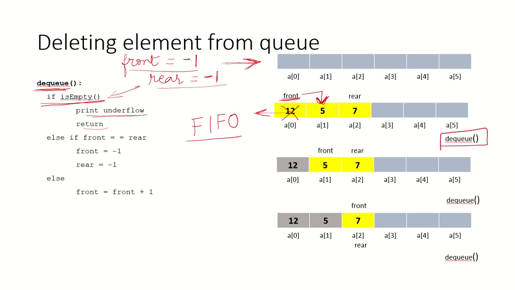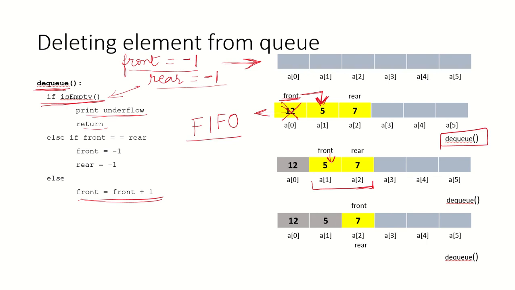So if a dequeue operation happens, we simply have to increment front to the next index, and 12 is no longer part of the queue. So now the active queue is just this much. Front is now pointing to the next element, whereas there is no change to the rear variable.